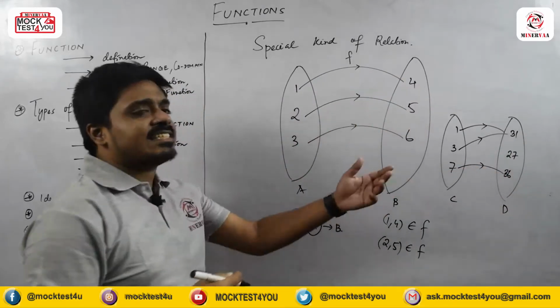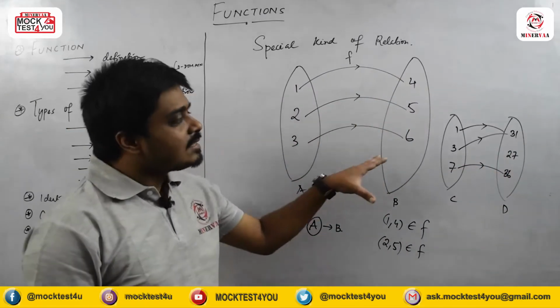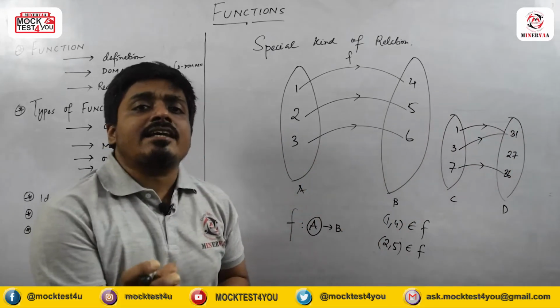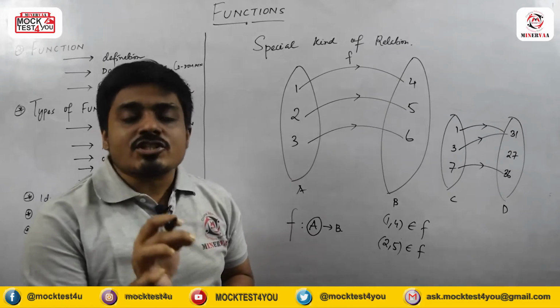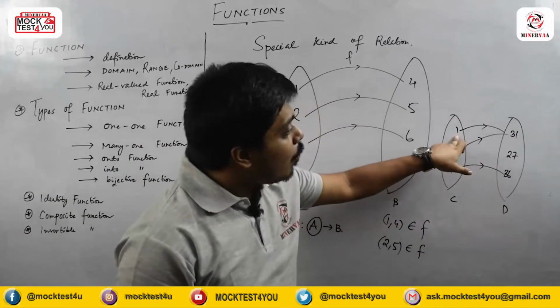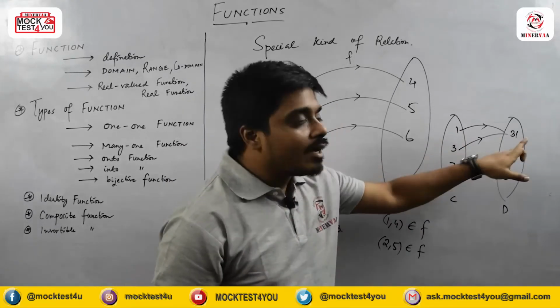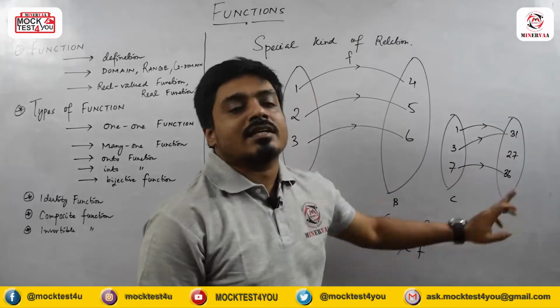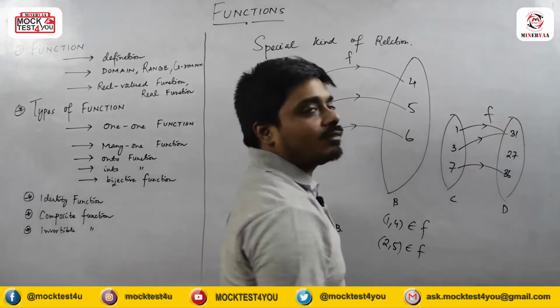Now my question is, is this relation a function? Yes, it's a function. Why? Because the criterion for a relation to be a function is that every element must have a unique image. 1 has a unique image, that is 31. 3 has a unique image, that is 31. And 7 has a unique image, that is 36. So this is a function.